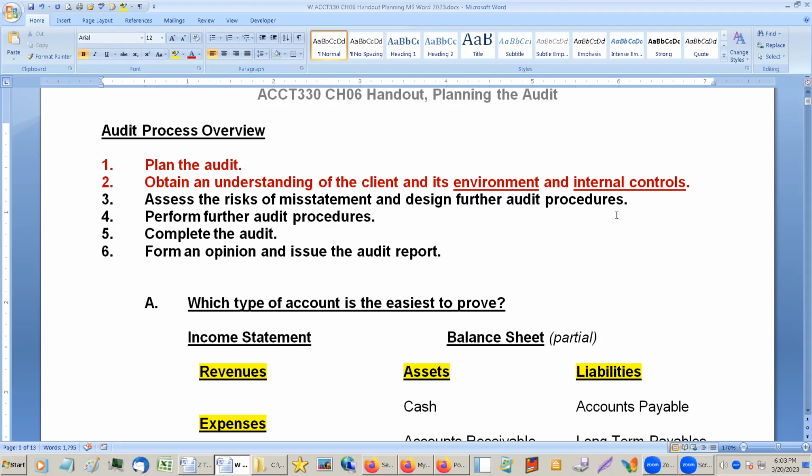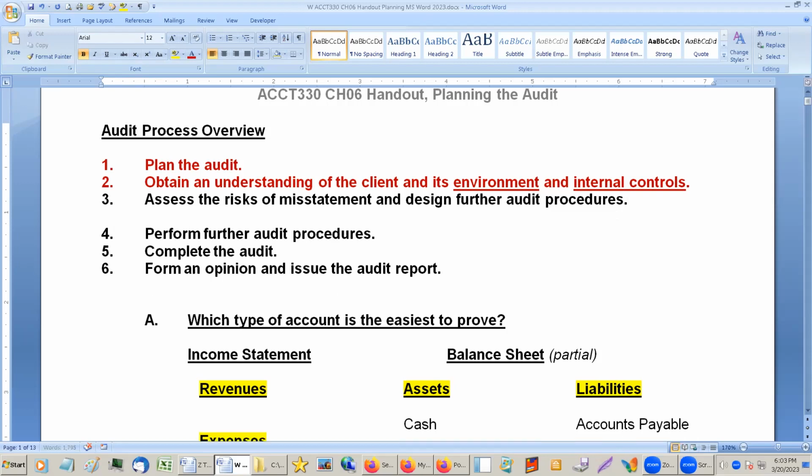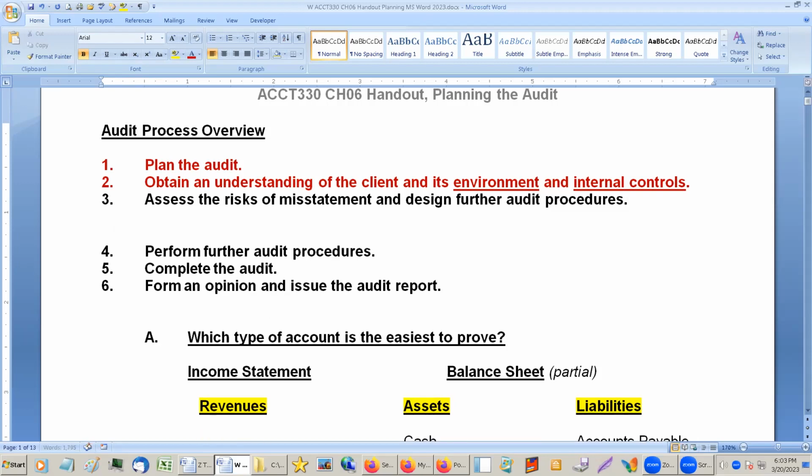So let's look at what this would be, putting this in the context of what we did for sampling. Let's say we identify a risk that the accounts receivable are overstated.